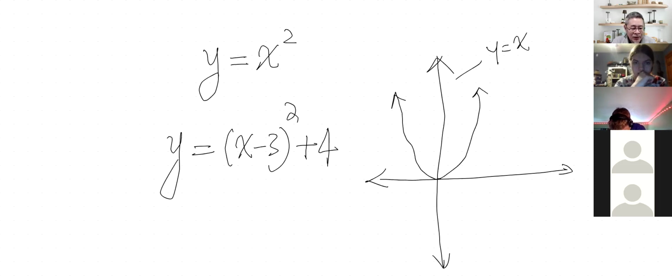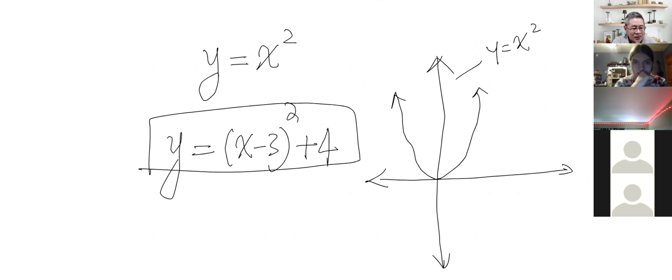And for this function, let's call it red, we shift to the right by 3, so 1, 2, 3, and then shift up by 4 because we add 4. So 1, 2, 3, 4.